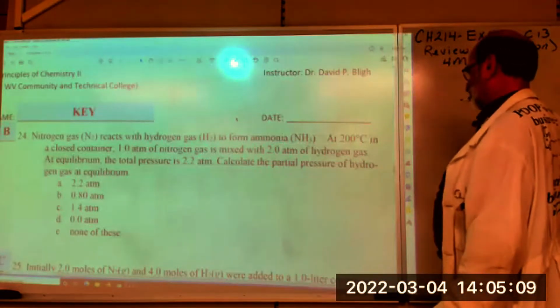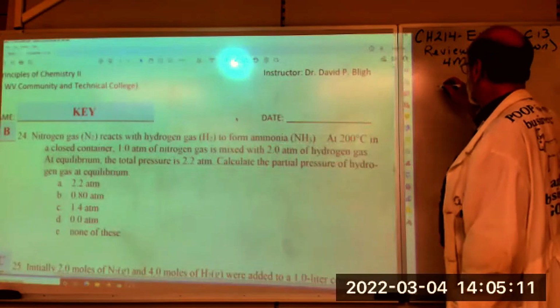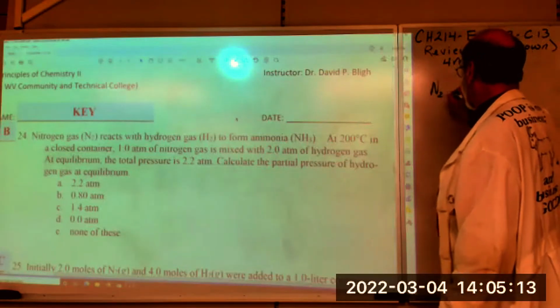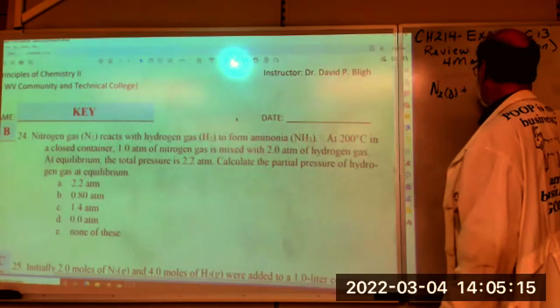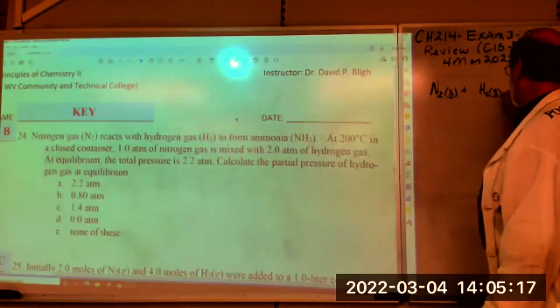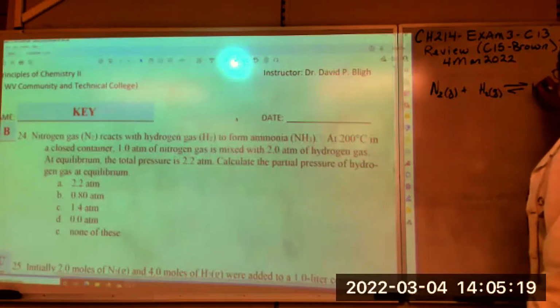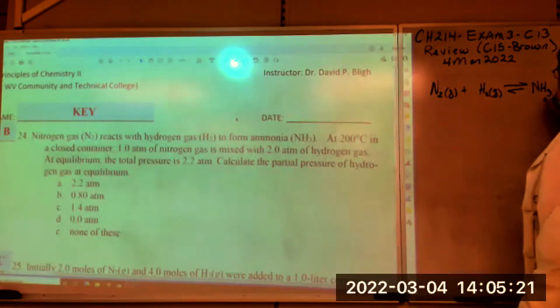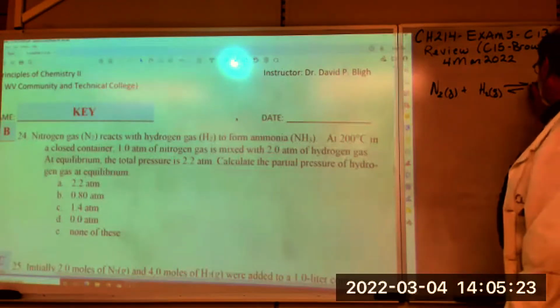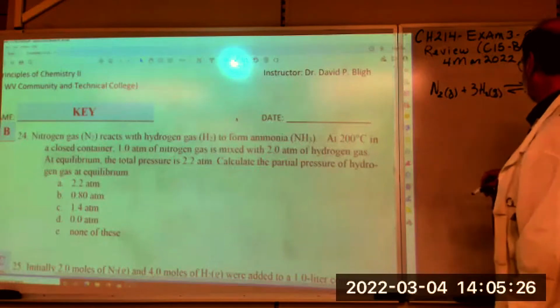All right, we may not need this, but let's put it up here anyway. Nitrogen gas plus hydrogen gas is in equilibrium with ammonia. So we're going to need 2 of these and 3 of those.